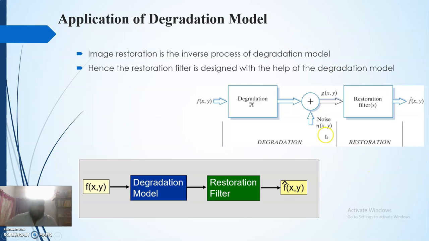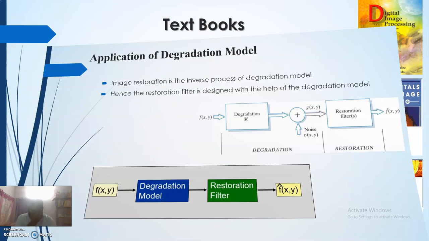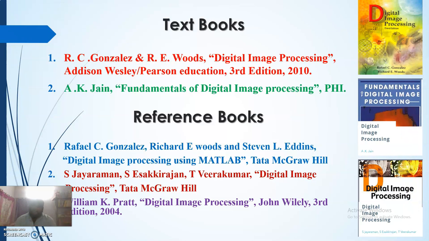If you know what the degradations are, then we can create a filter and remove the degradation. If the degradations are removed, we can restore the original image. This is the application of degradation model.